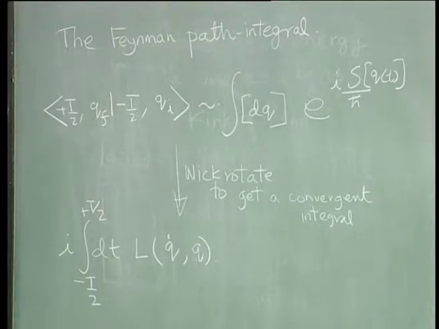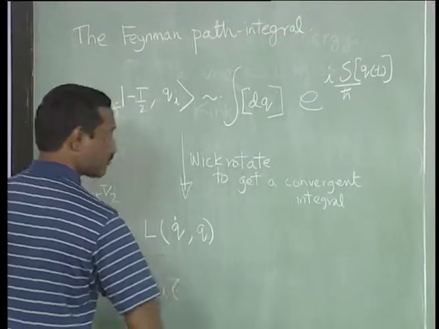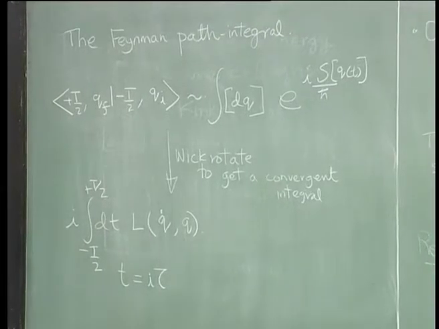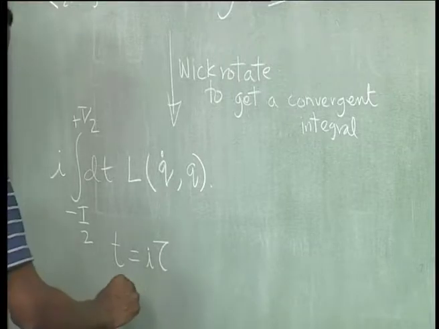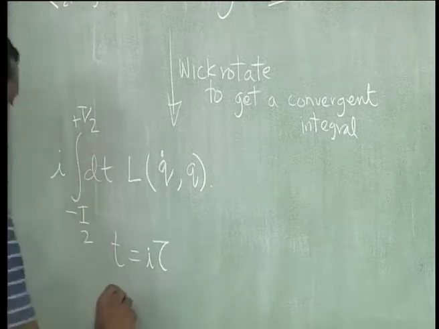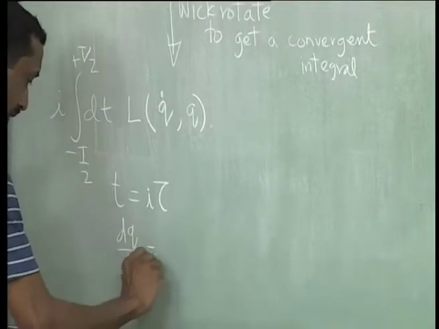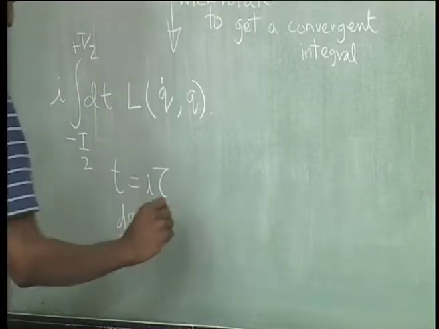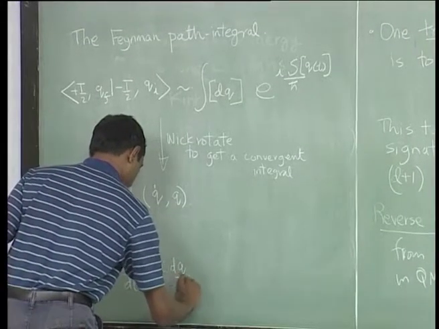So let us take t equal to i tau. Okay. Let us look at q dot, which is dq by dt, and that just becomes minus i times dq by d tau.